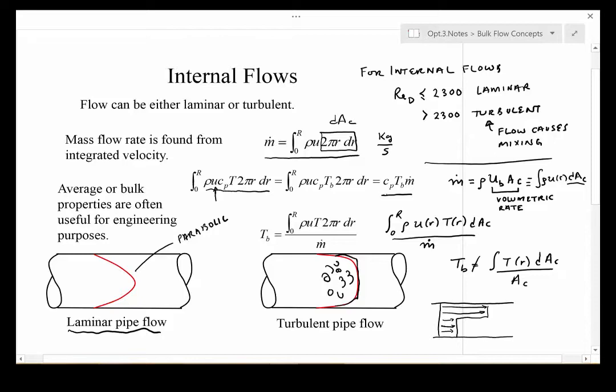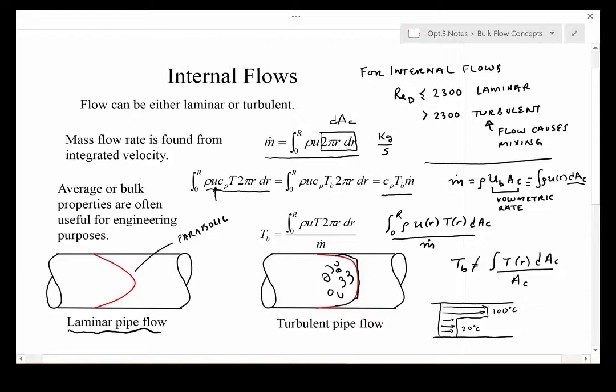At the same time, you say that the fast flow has a temperature, for example, of 100 degrees C, and the slow flow has a temperature of 20 degrees C. So from the perspective of this system, we wouldn't think that the average or bulk temperature would be 60 degrees C, which would be some simple average of these. It would be closer to 100 degrees C because we have to weight this by the velocities.